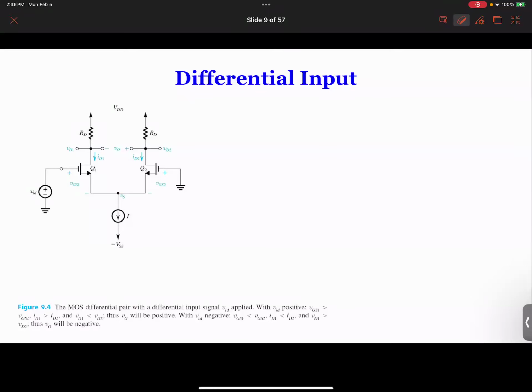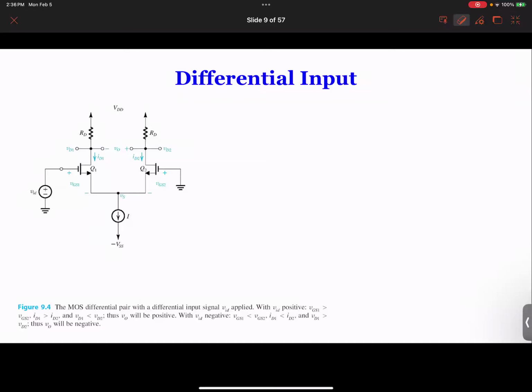We already know, from the previous example, how to calculate the DC biasing, the minimum common mode input, and the maximum common mode input. So now we have the differential input. But in this case, the input is applied all to the transistor on the left hand. The right hand transistor is grounded.